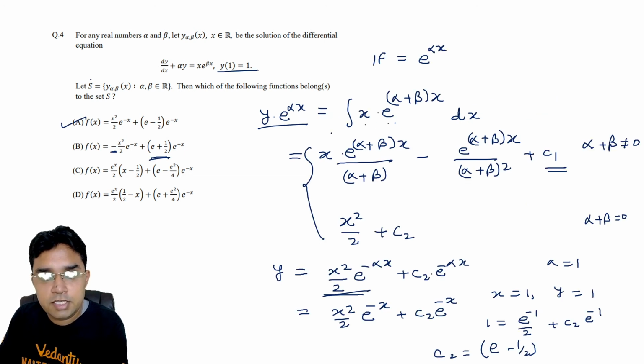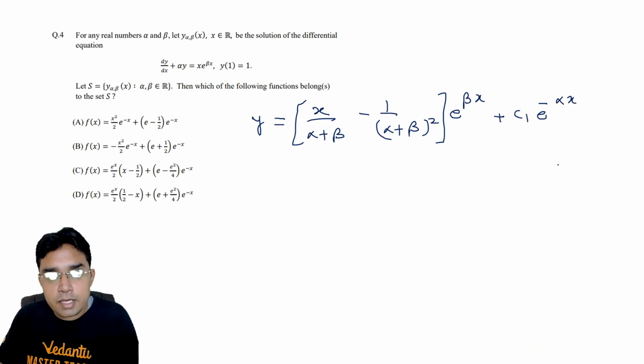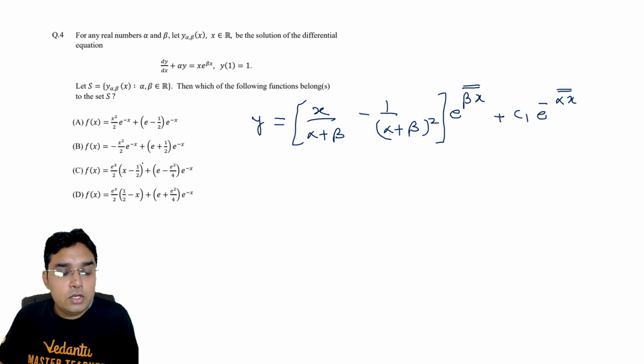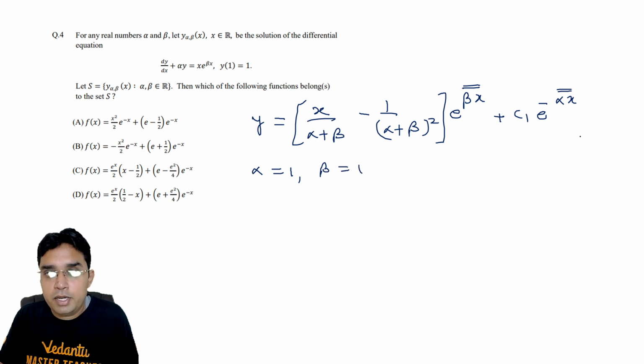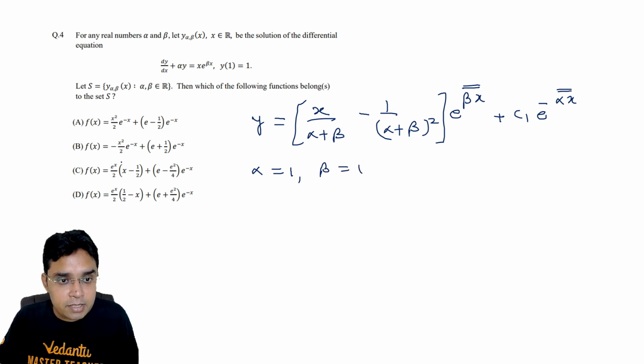Once again we need to find c1 and alpha, beta also. Now if we are looking for such powers of e, my choice for alpha, beta should be that they should be 1 and 1 only. Alpha is equal to 1 and beta equal to 1, then only we can get terms like e power x or e power minus x.